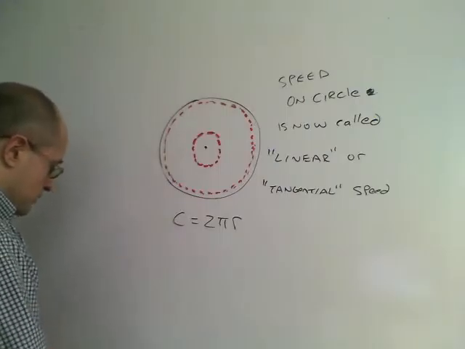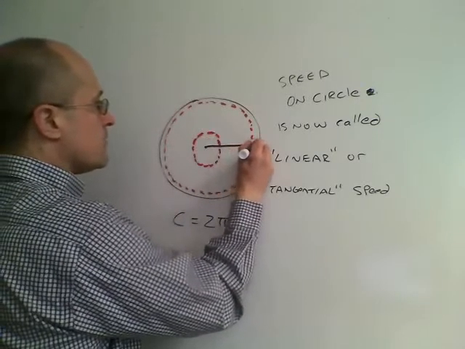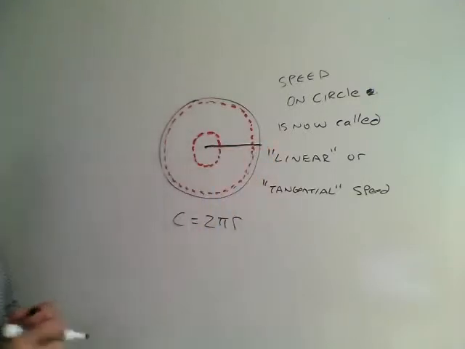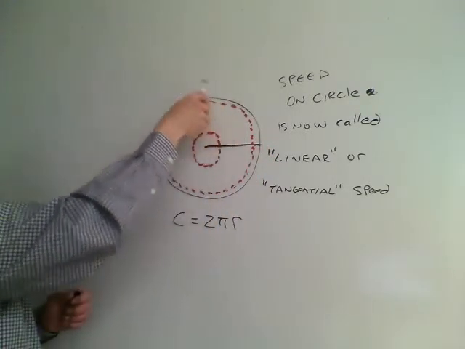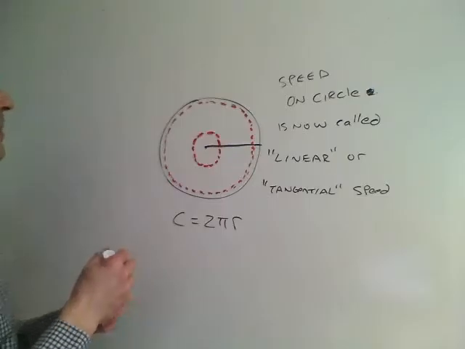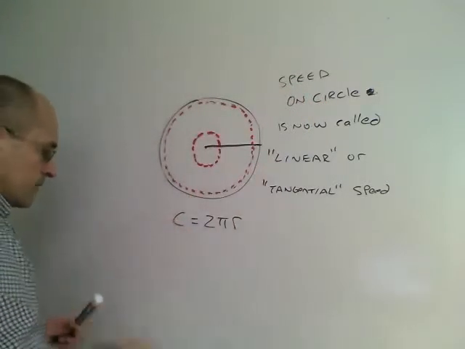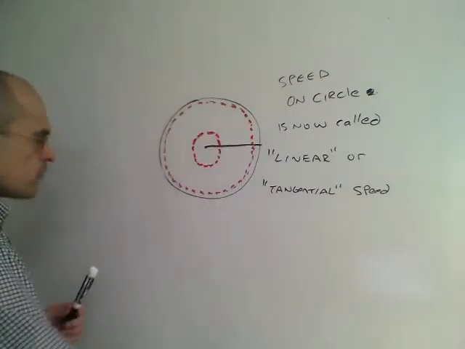And we're going to take a solid line on the merry-go-round. This solid line now rotates because the whole merry-go-round rotates. Now, we have our linear speed. Now we need to think about our rotational speed.